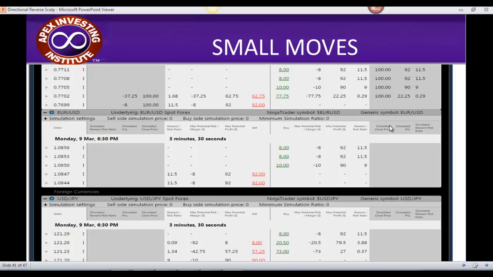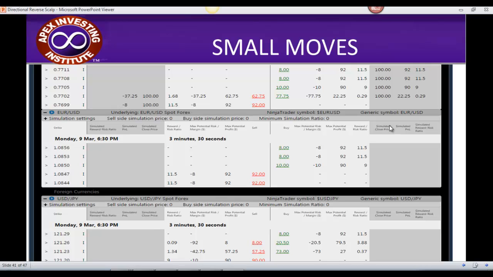Here's a quick example, again from earlier tonight, a screenshot of the scanner. Here, for example, this is the USD/JPY, the dollar yen. See these strikes: 121.26, 121.23.